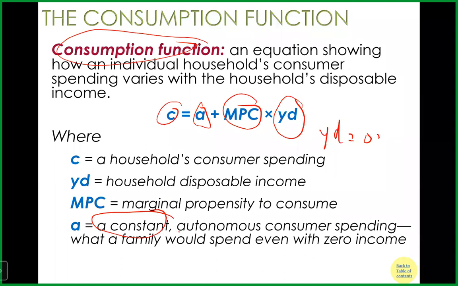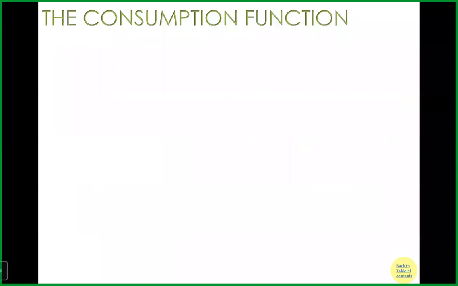But certainly this A changes with the location you live, and A can also change over time, right? Okay. So now we are going to run a little algebra to understand this a little bit better. MPC is defined as the change in consumption as a ratio of the change in disposable income.